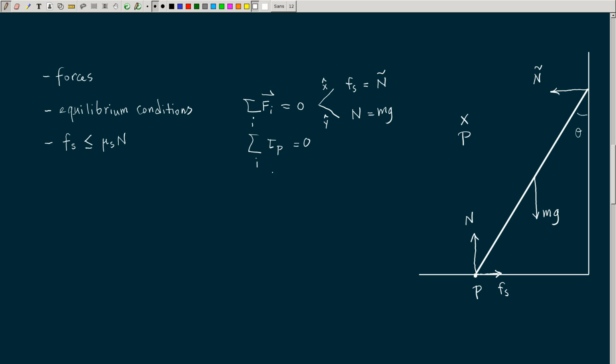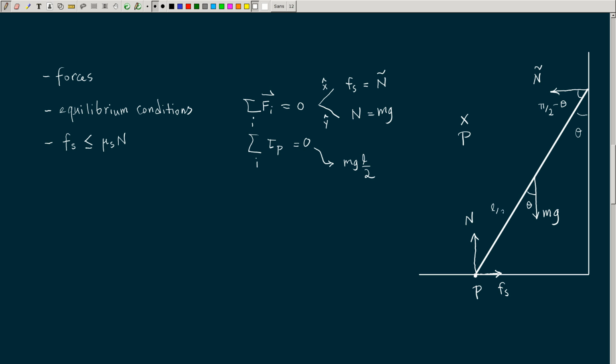So this one will give us mg. This angle is theta, of course, but this angle is pi over 2 minus theta. So it's going to be mg sine theta, mg, the length is L, so L over 2.